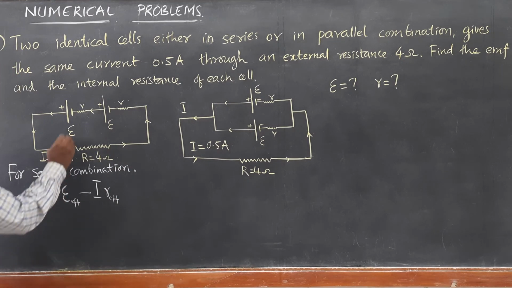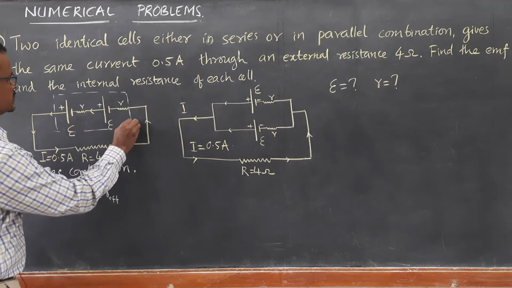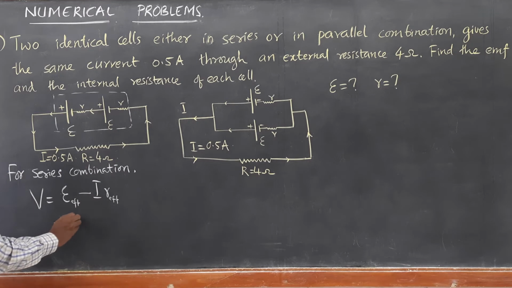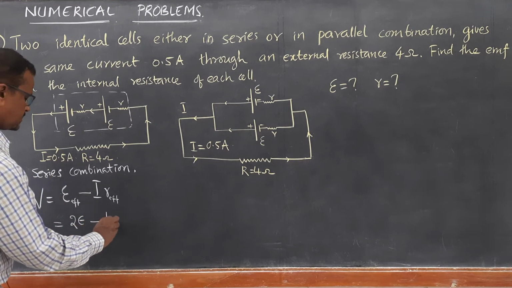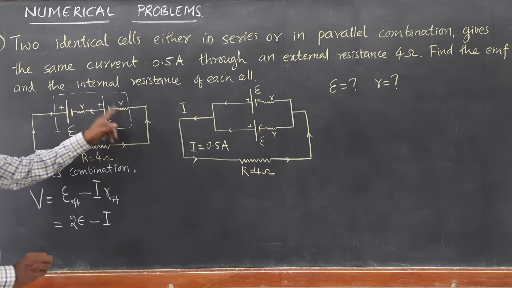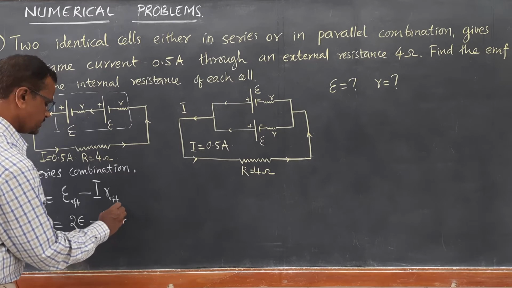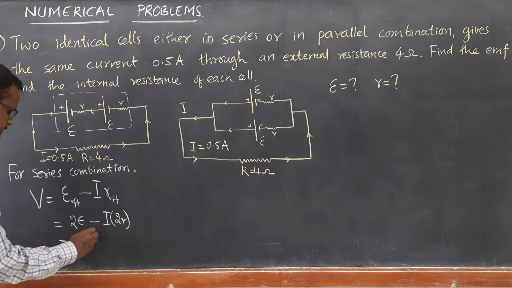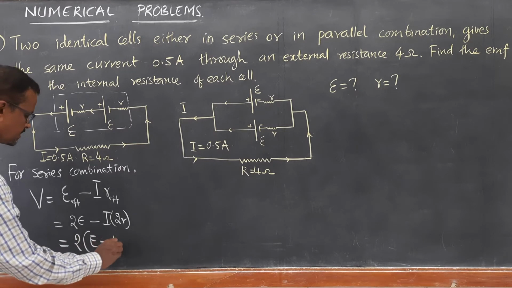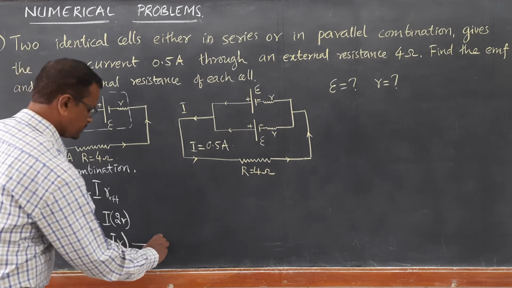So what is E effective when they are in series? These two are in series. So E plus E becomes 2E, minus the internal resistance r plus r, R1 plus R2, which becomes 2r. Therefore, it becomes 2 into bracket E minus Ir. This is the terminal potential difference V. Call this equation 1.